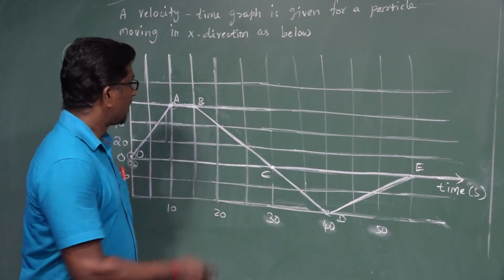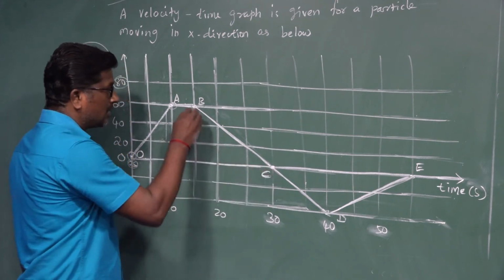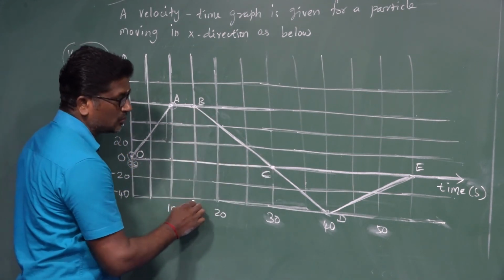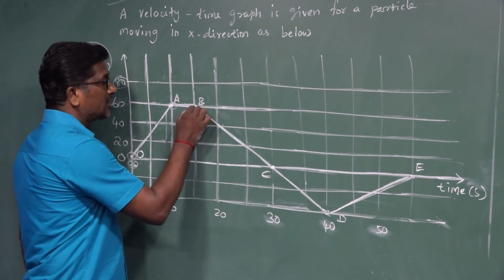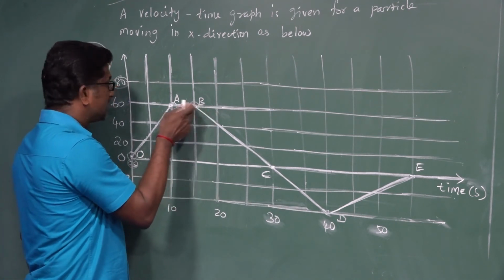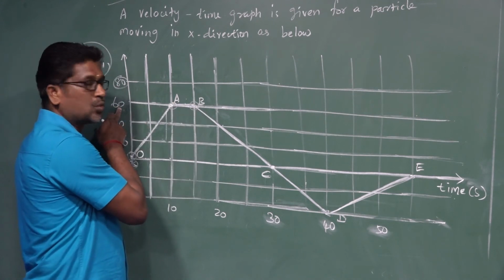Right. Next, from B to C, or from 15 seconds to 30 seconds. At the point B, the particle velocity is 60 meters second power minus 1, which is the maximum.